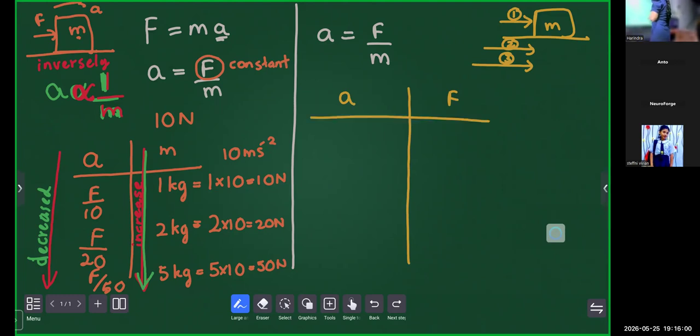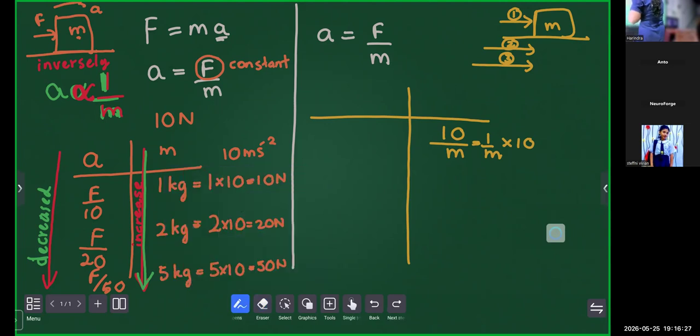Here m is constant. Now we apply 10 Newton with this m.